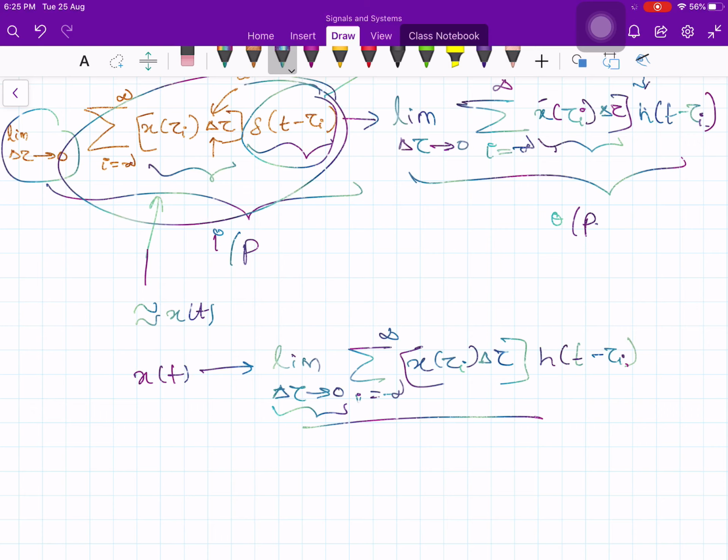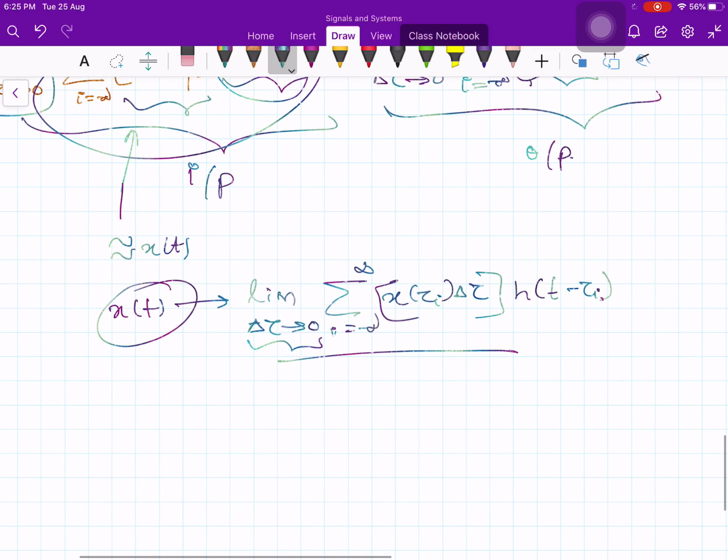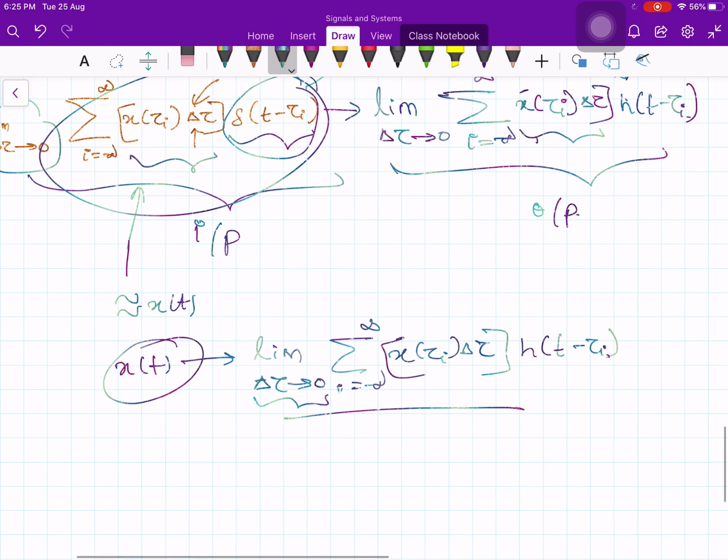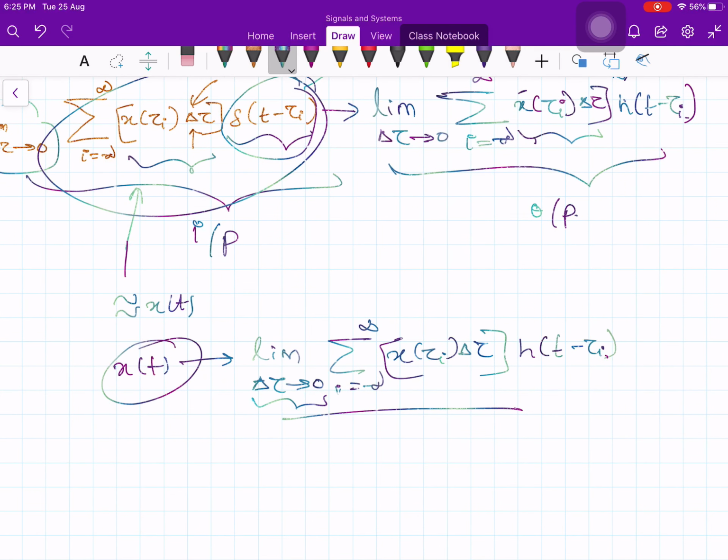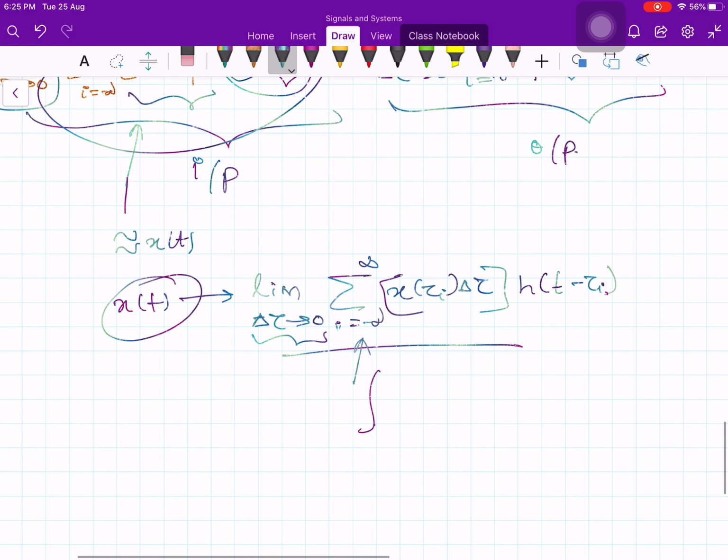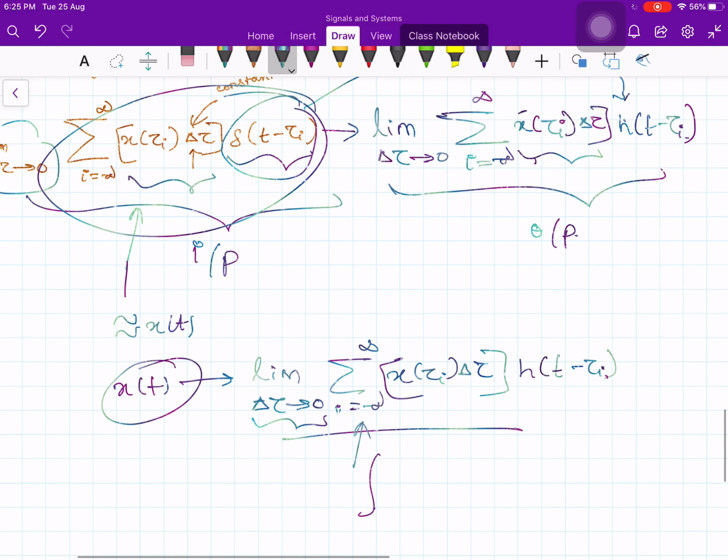You make them closer and closer, approximately that is the same as x of t. If x of t is regarded as a series of impulses, correspondingly this becomes an integration. Therefore both the left hand side and the right hand side become integration.